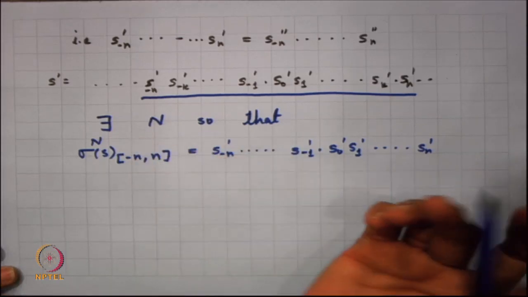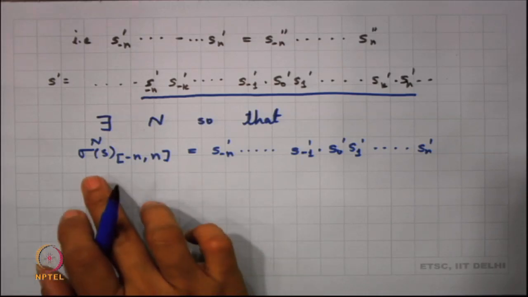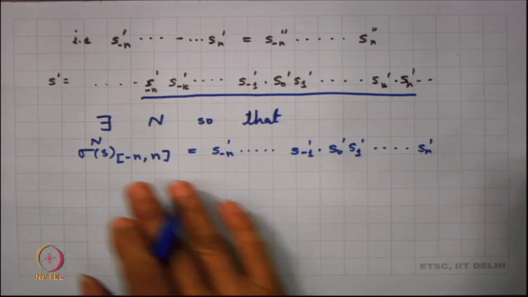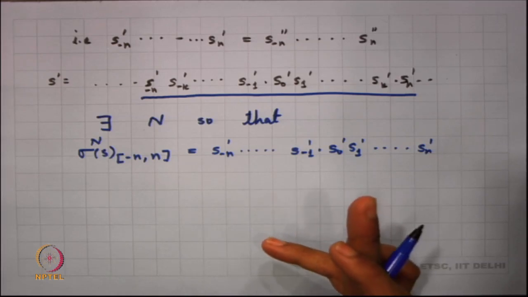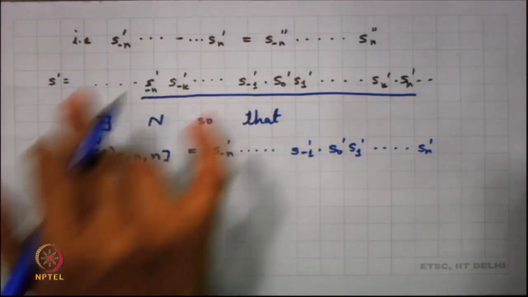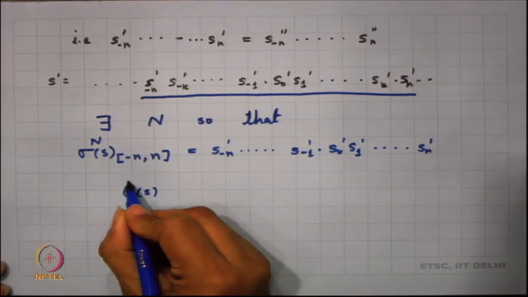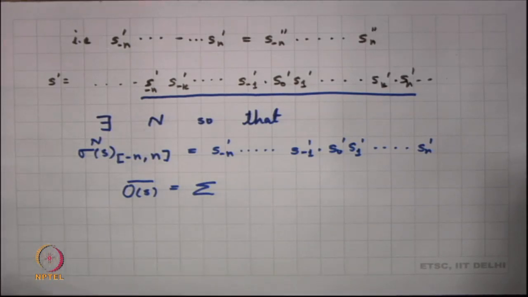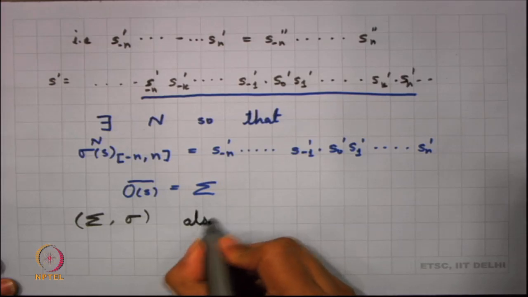Maybe the n is positive or negative depending on how we have placed the sequences, but we find there is some place where this block appears, and that is all we needed. So, in the epsilon neighborhood of S prime, we find a point from the orbit of S, which means that the orbit of S is dense in sigma. So, all that we can conclude here is that this system sigma also has a dense orbit.